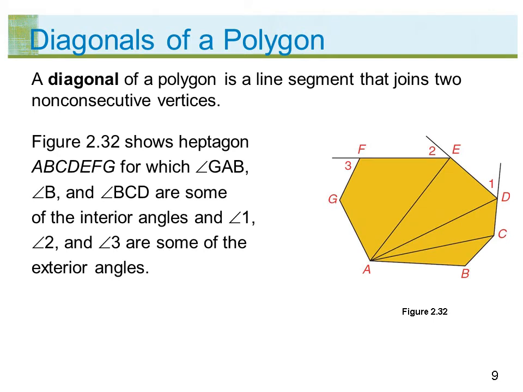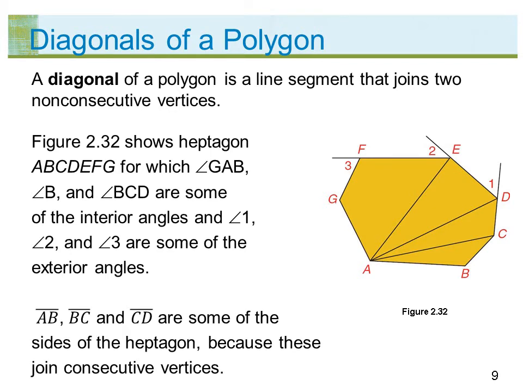Figure 2.32 shows heptagon ABCDEFG, for which angle GAB, angle B, and angle BCD are some of the interior angles, and angle 1, angle 2, and angle 3 are some of the exterior angles.